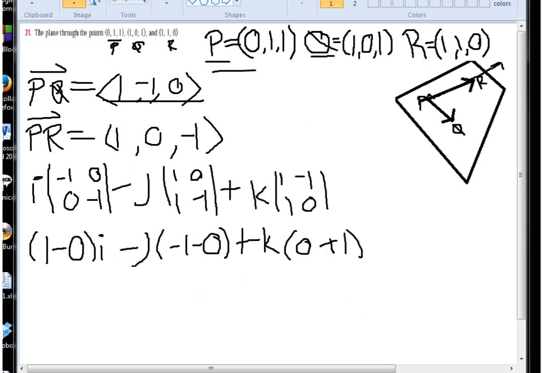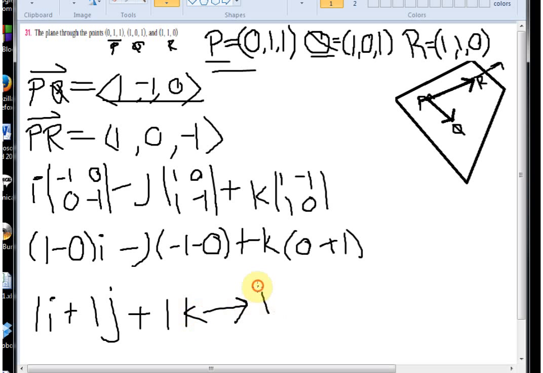So this comes out to 1i plus 1j plus 1k, which is just simply I plus j plus k, and this is the vector 1, 1, 1, which is just the coefficients from I, j, and k.